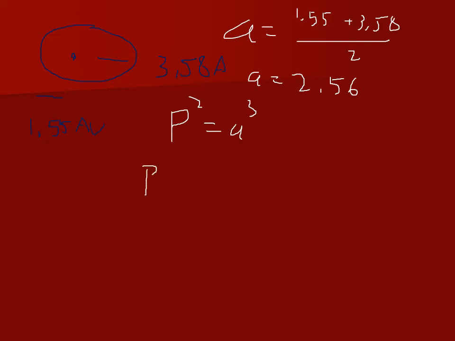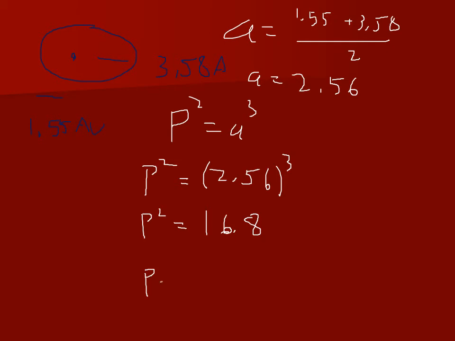So P squared is equal to 2.56 cubed. So you raise that to the third power, and that is going to be 16.8. Well, I want to know P, how long does it take to go around?